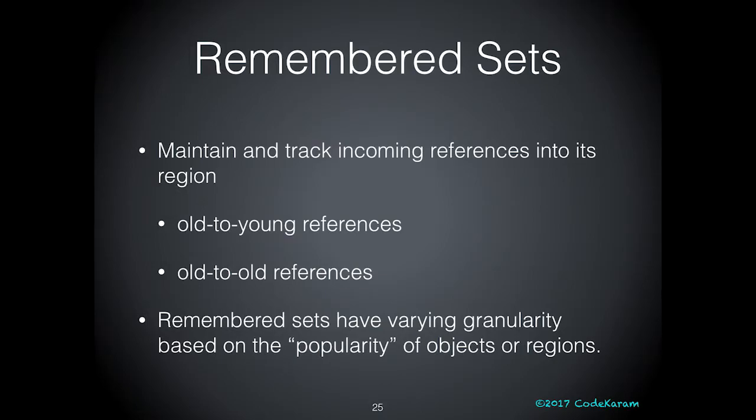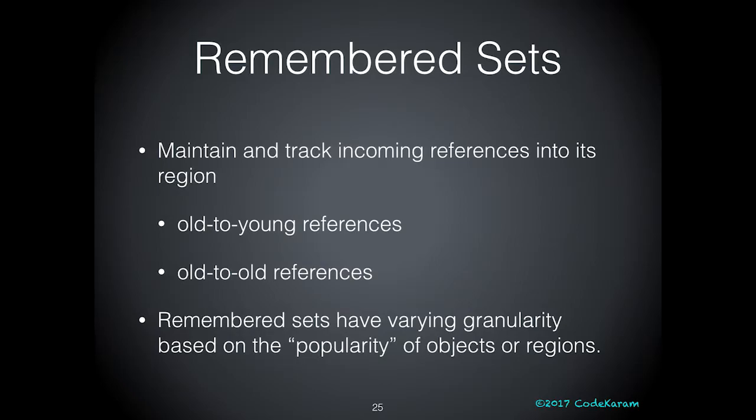The advantage of collecting the entire young generation is that we don't need to track those references. So the only 2 kinds of references we want to track are old-to-young references and old-to-old references. And remembered sets become denser depending on how popular a region is.